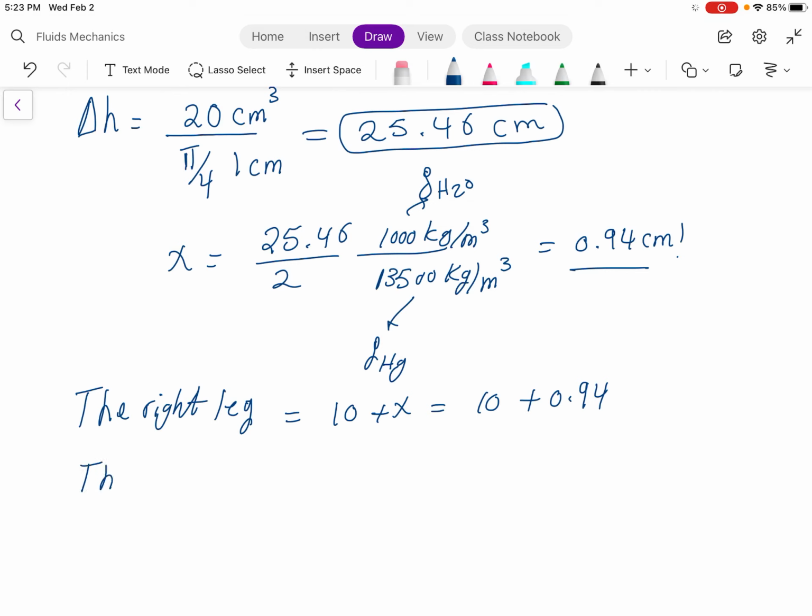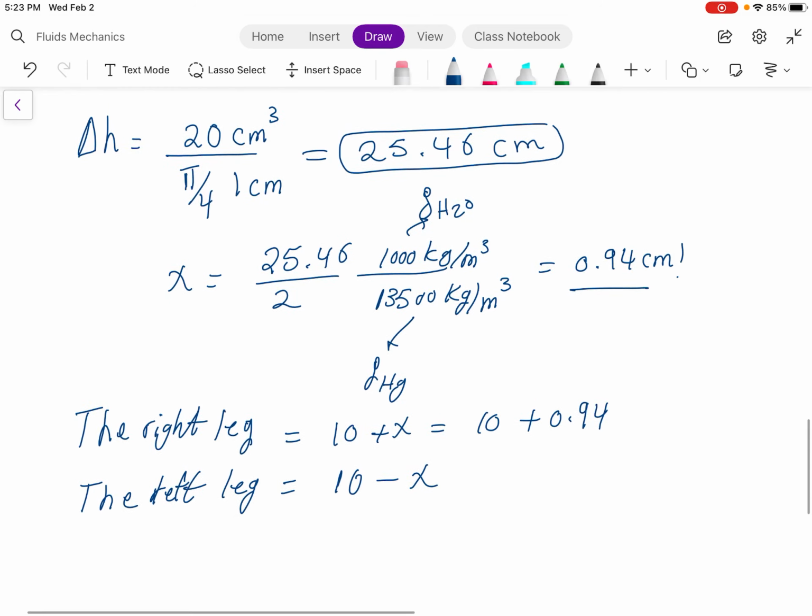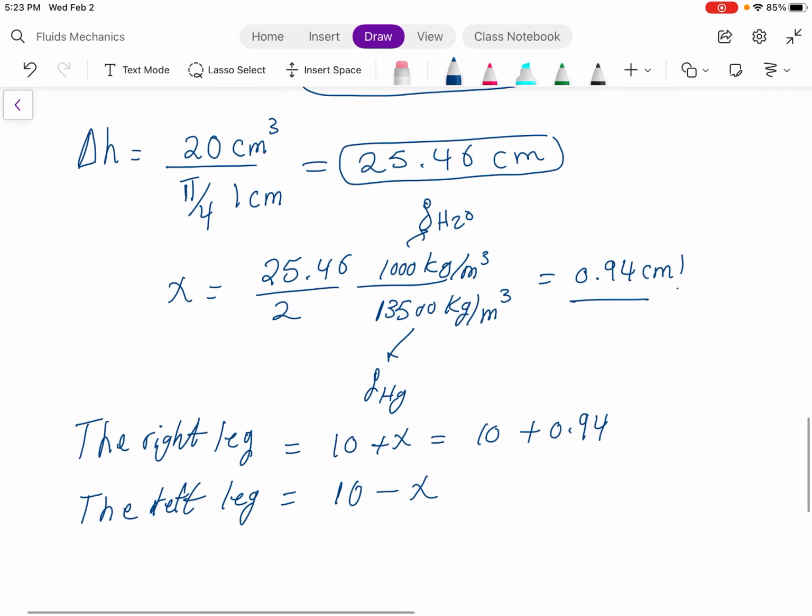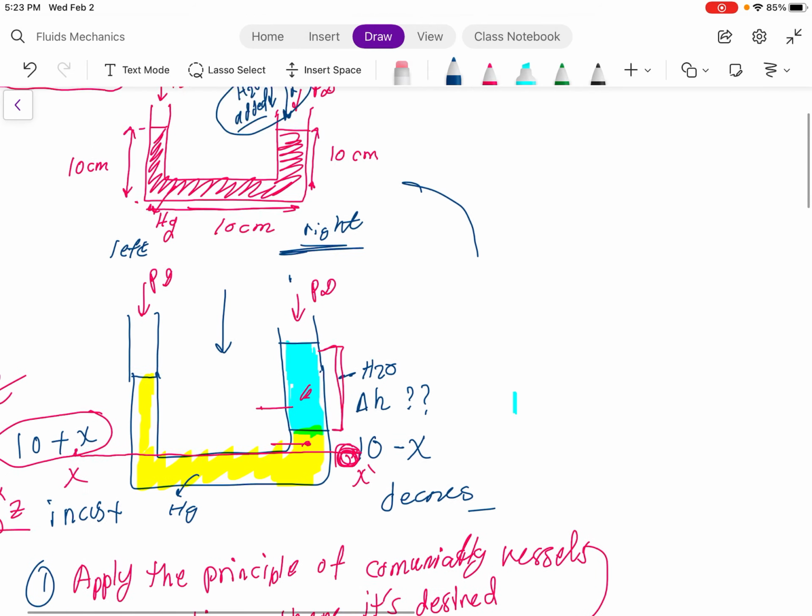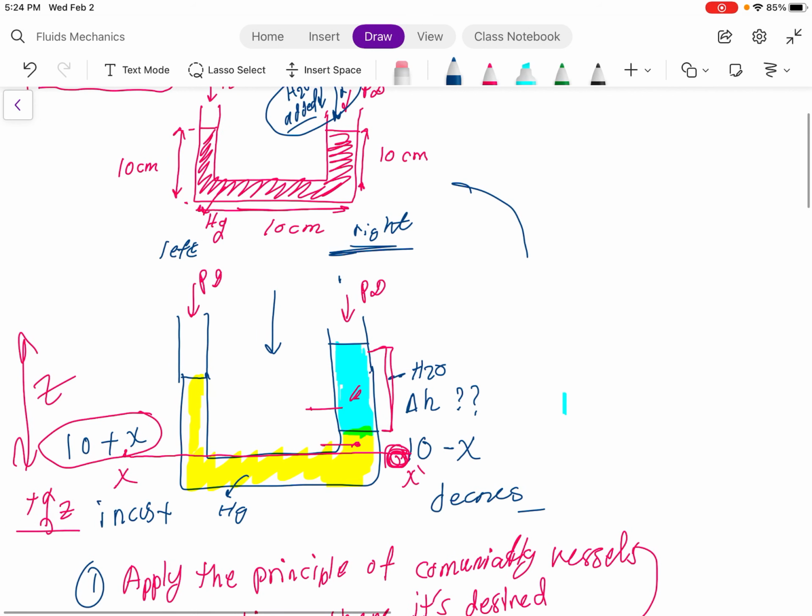So the left leg, on the other hand, it's 10 minus x. No, I have it flipped, I think. Isn't it? Yeah. Here's 10 minus x and 10 plus x.